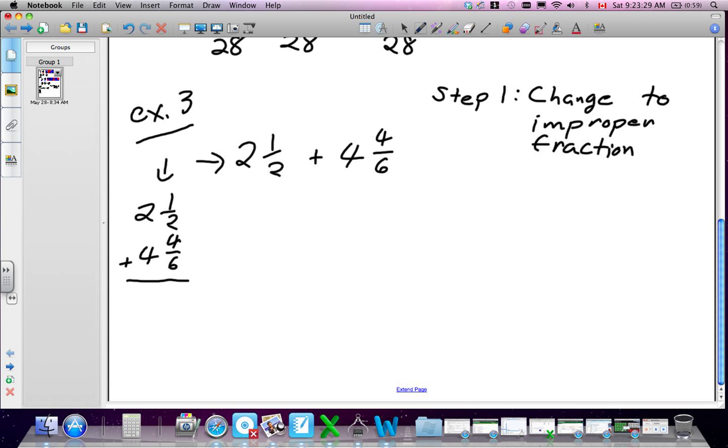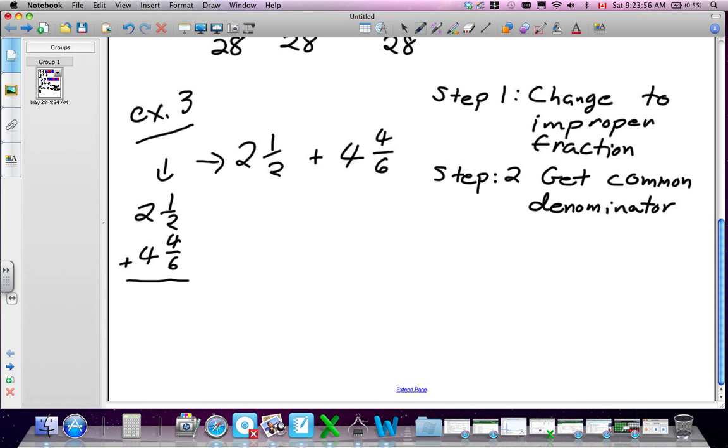Second step, Step 2, is going to be to get a common denominator. Get a common denominator. And then Step 3, actually there's 4 steps, because they might ask you for the answer in mixed form, so we'll put 4 steps.